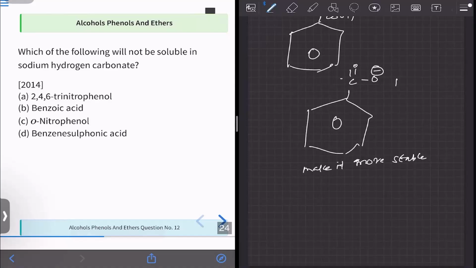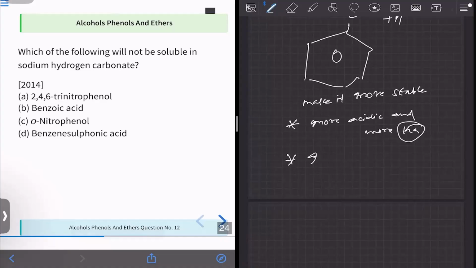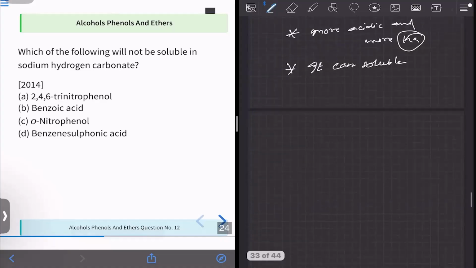So hydrogen can be easily removed from benzoic acid. So it is more acidic and has a larger ionization constant, so it can be soluble. So option B is wrong.